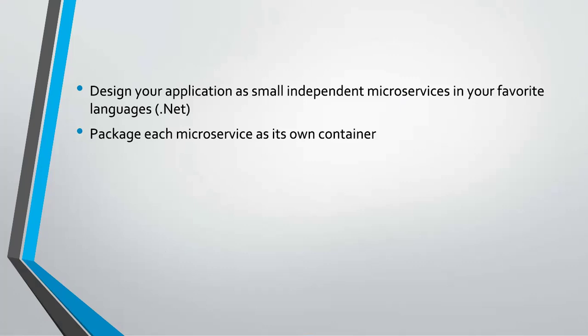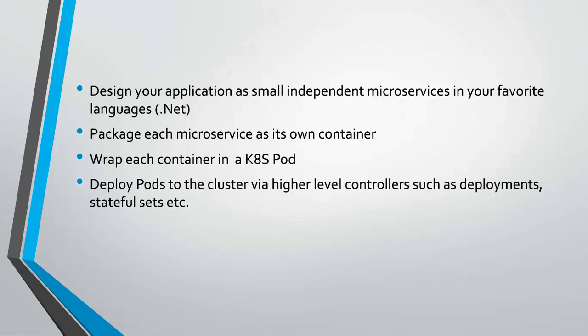In the previous session, we saw what microservices are and how they are designed. Once you develop your independent microservices, package each microservice as its own container. Use Docker to create a container, or make the package as an image for each microservice, then wrap each container in a Kubernetes pod.